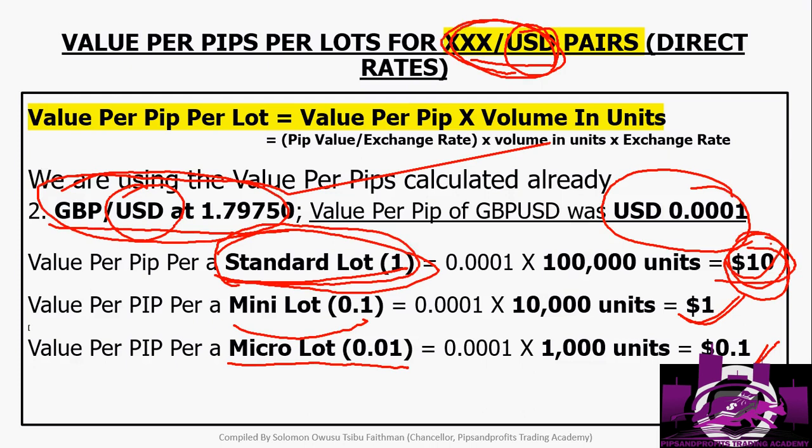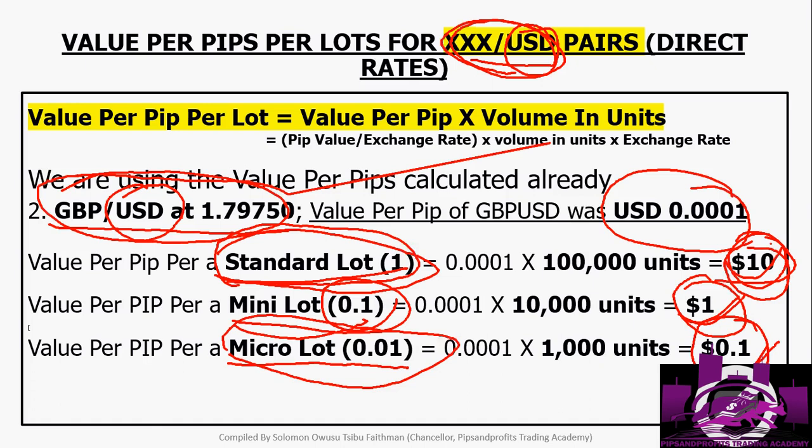For mini lot, for one pip move, you are going to earn $1. And when you use micro lot, for one pip, your account being a US dollar account, you are going to have $0.1. So that is that.